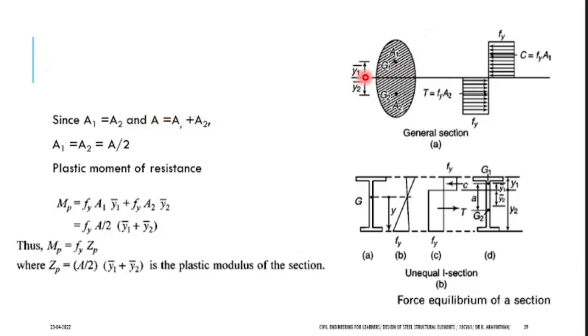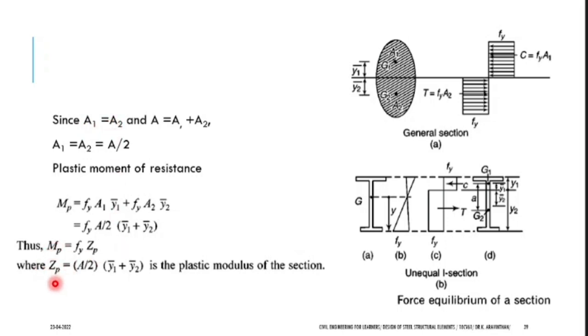When you are dividing this section into two components, this is known as the centroid. Above the centroid you will be having one area and below the centroid you will be having one area. If you add these two areas, you will be getting the total A. At the plastic stage you will be having the same area, that is A1 will be equal to A2.